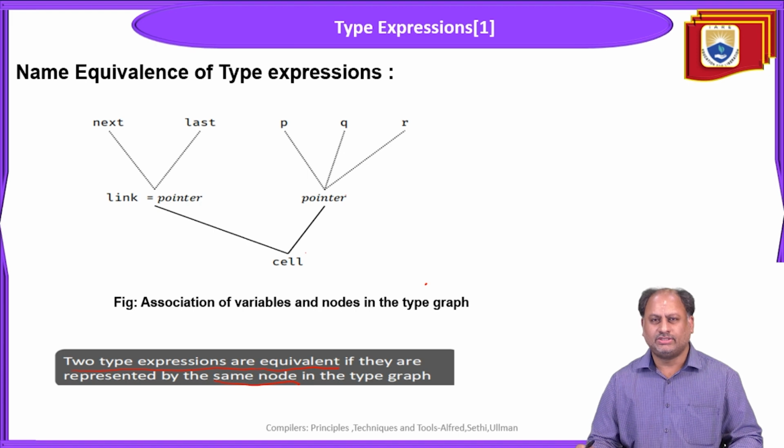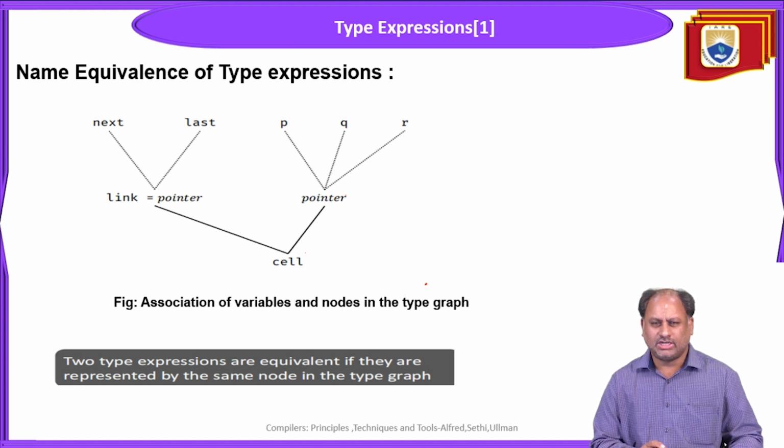If they are represented in the same node in the type graph, then we can say that the node labeled is the same as that node which is available, then the type expression of that particular node is the same as the type expression of the previous node. Then we are going to verify if both are the same.